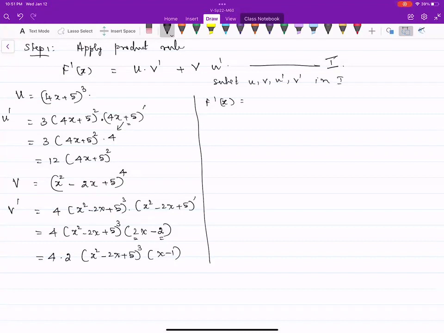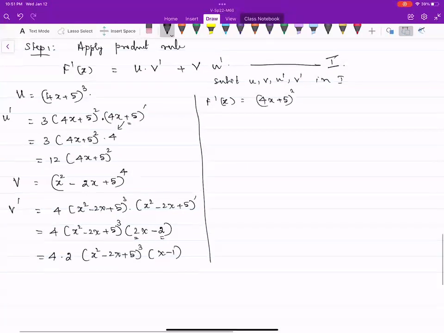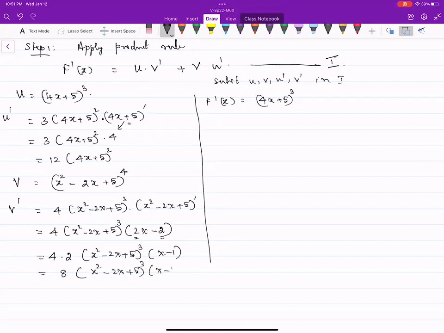I'm starting with u, which is (4x plus 5) the whole cube, times v prime, which is 8 times (x squared minus 2x plus 5) the whole cube times (x minus 1). So v prime is done.